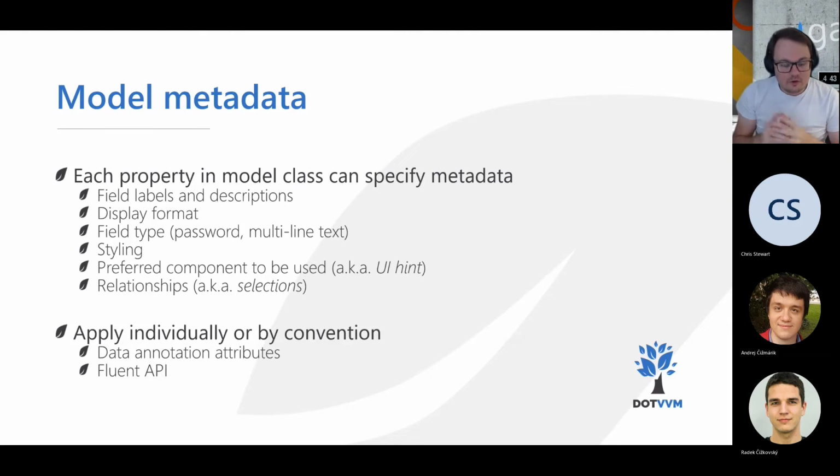You can also define what we call UI hints, because sometimes there can be multiple choices how the user can edit this property. If it will be a list of some categories, then shall we display a bunch of checkboxes for all the categories, or would some other component with maybe some search capabilities be more useful to the user?